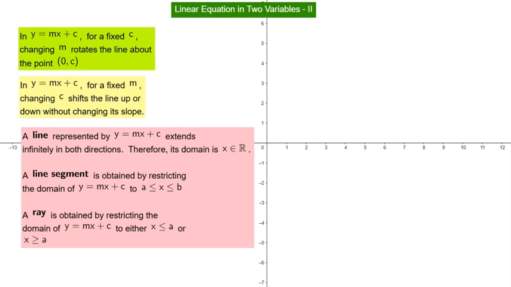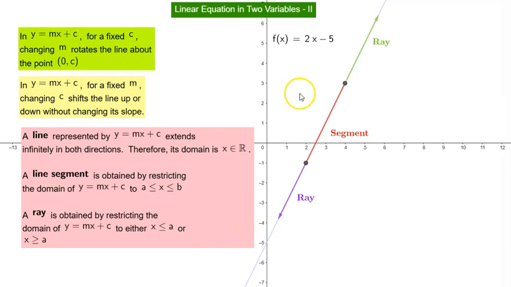So we have a line f of x equal to 2x minus 5, or y is equal to 2x minus 5. The domain here is all real numbers. Let's mark 2 points. Let's join these 2 points. Let's mark a ray and let's mark a ray here. So with respect to this, what is happening here?